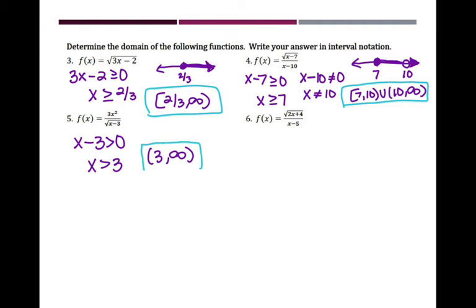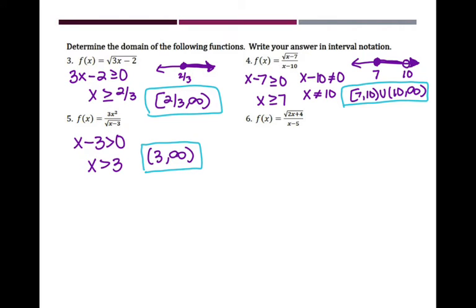If you noticed, I completely ignored my numerator. The reason is that it is a quadratic, and quadratics do not give us issues with domain. The domain for a quadratic is all real numbers. So really, the only thing you need to worry about is this radical and your denominator not being 0.